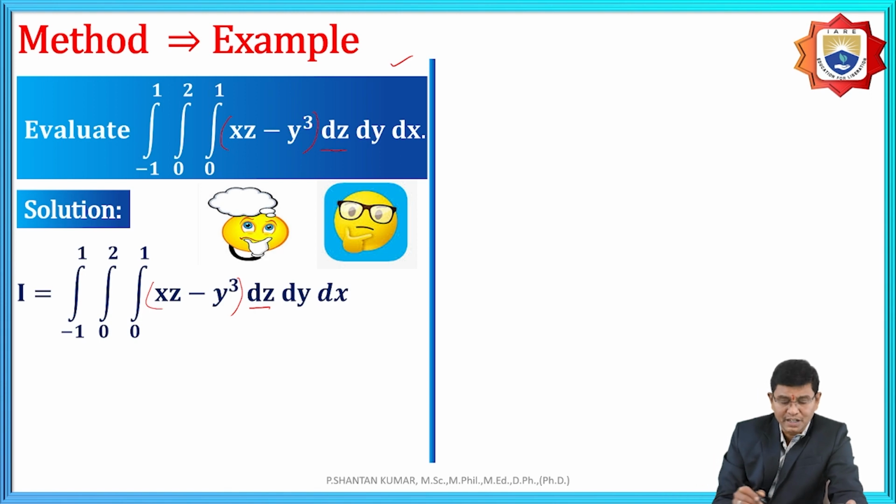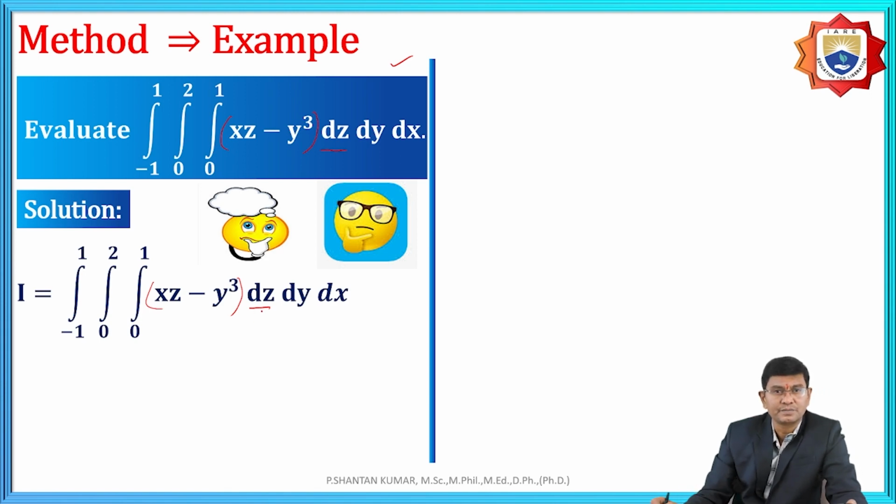While we do that, first with respect to z, the integration of xz with respect to z is x into z square by 2, minus y cube, which is a constant, so we take it out as common. The rest of the term is 1, and with respect to z it is z.